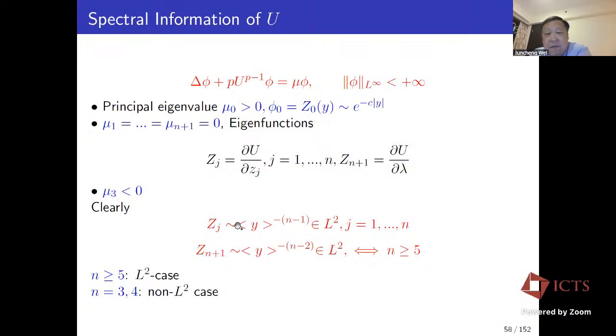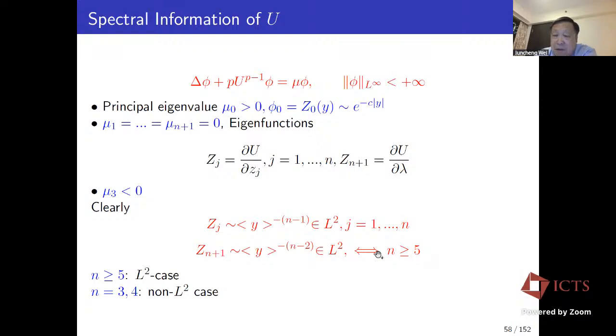Now, clearly, the translation decays like 1 over y to the n minus 1, and is L2. So for any dimension, translation is L2. So the blowup also works for translation. Now, the main problem is the scaling. The scaling decays like 1 over r to the n minus 2, and is in L2 if n greater than 5. So this is very similar to the Brezis-Nirenberg problem.